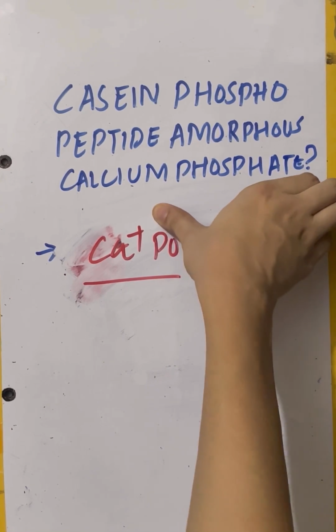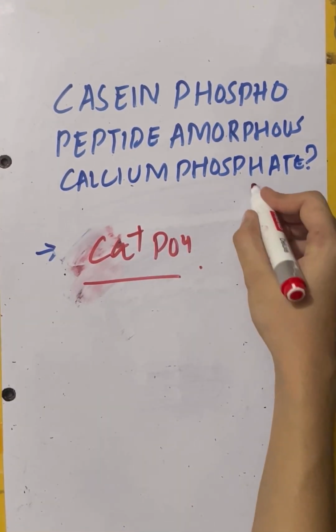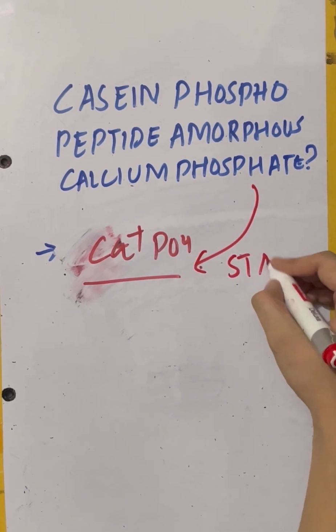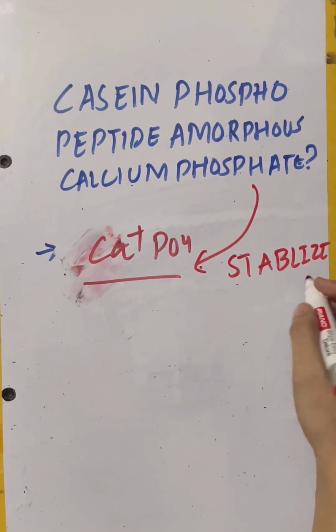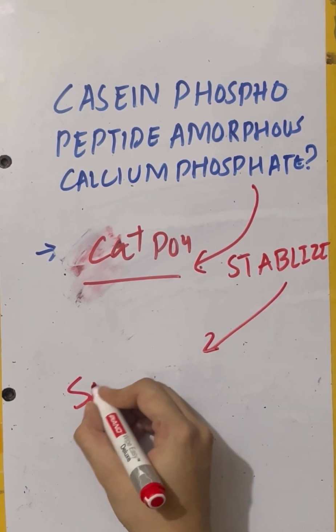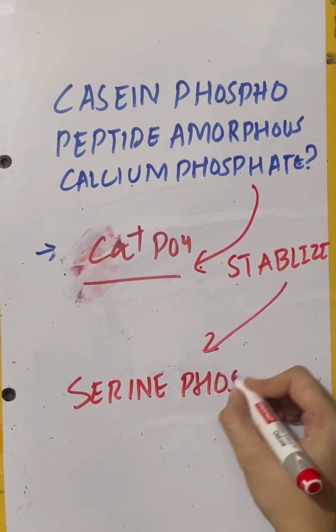So what does this casein phosphopeptide amorphous calcium phosphate do? It stabilizes the calcium and phosphate in our teeth by the action of the serine phosphorylated group.